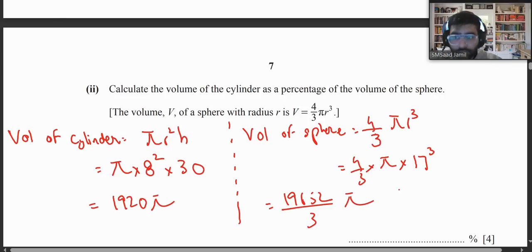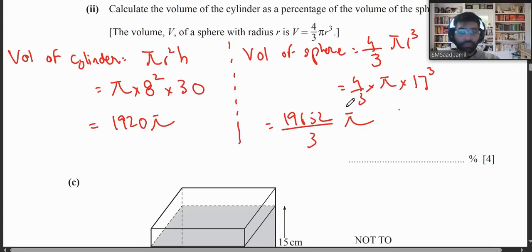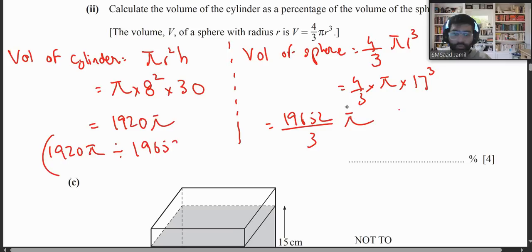This is not the end though. We now have to divide the volume of the cylinder by the volume of the whole sphere, and then because it says percentage, we will multiply the answer by 100.